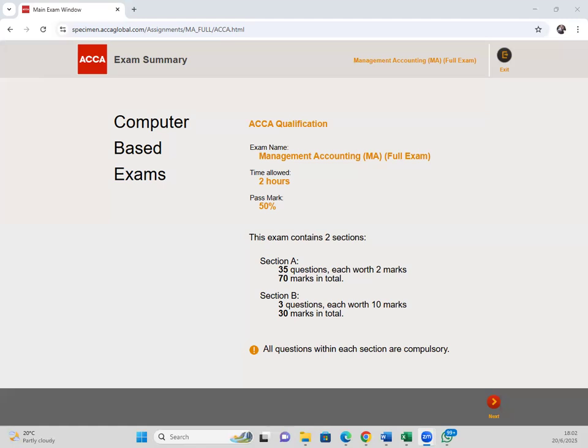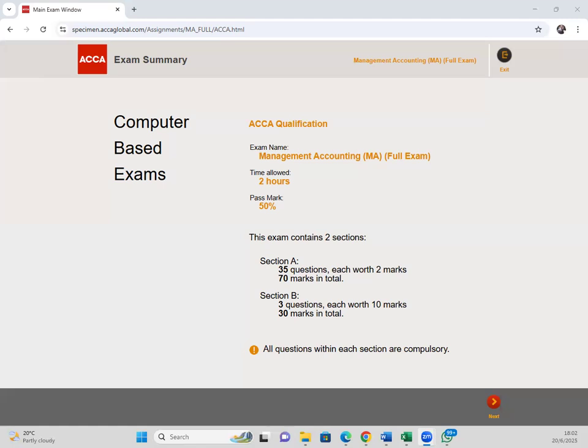Okay, so as you can see on the screen, the exam is 2 hours, and the pass mark is usual, it's 50%. Your exam is made up of two sections, that's section A and section B. And for this one and FA, time management is key. It's very important you manage your time.